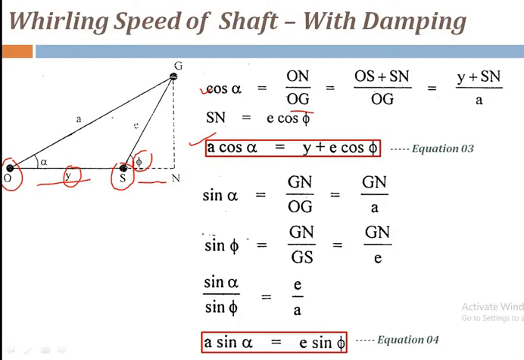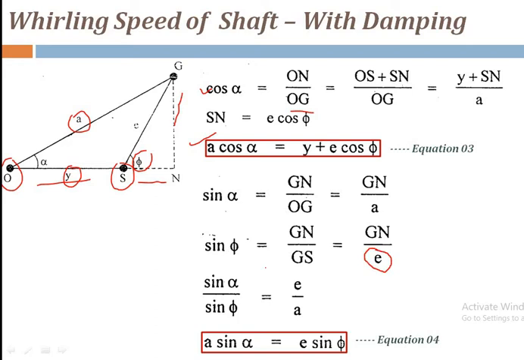Similarly, sin alpha equal to GN by OG and OG equal to small a. For triangle GSN, sin phi equal to GN by GS, where GS is nothing but the eccentricity e.